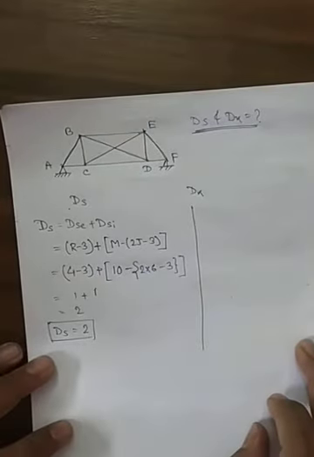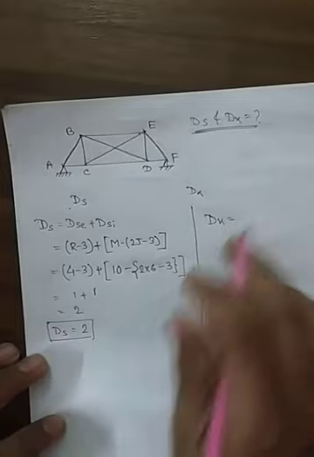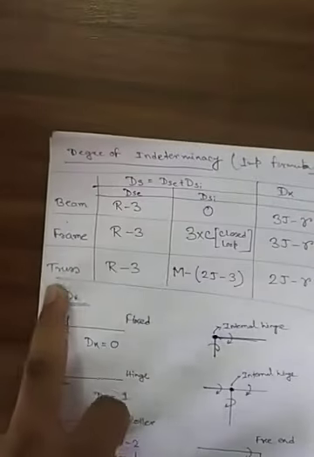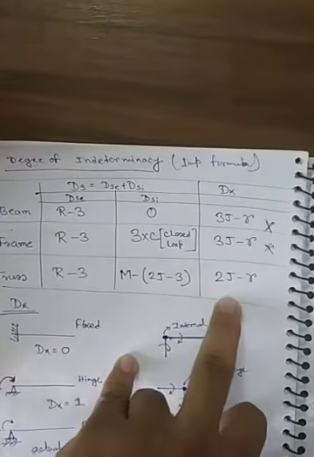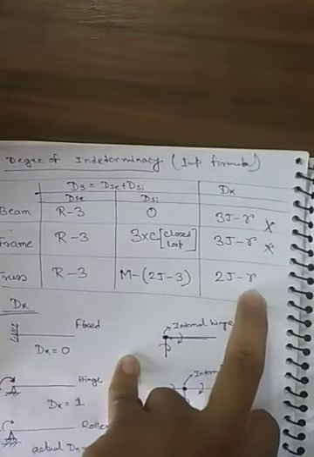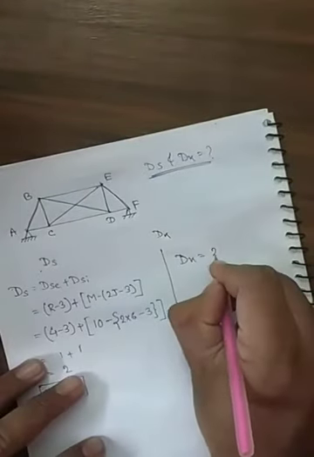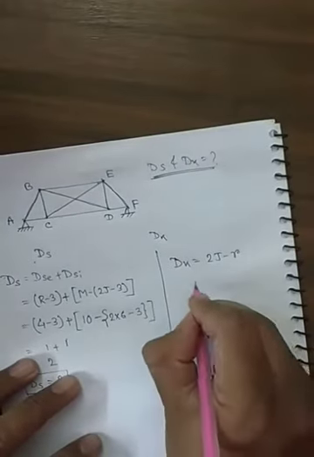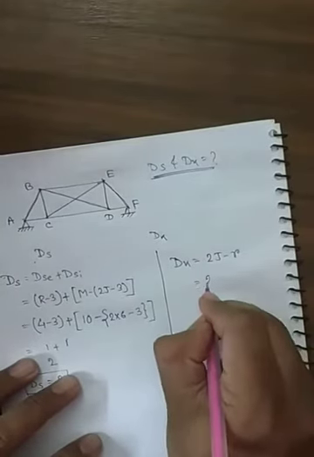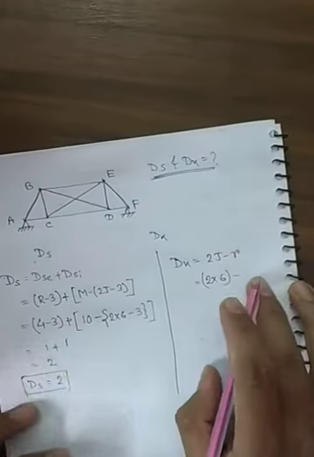Now in case of degree of kinematic indeterminacy, DK is equal to, look the formula. In case of truss, for DK, take this formula, 2j minus r. Okay. So DK is equal to 2j minus r. Here j value how much? 6. So 2 into 6 minus r. r is nothing but, what is r?